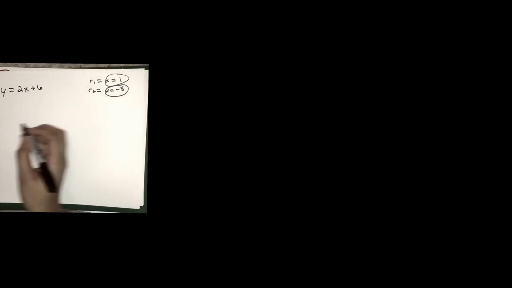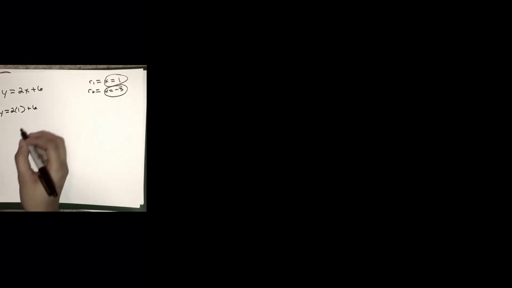And we already know that root 1 equals x equals 1, and root 2 is x equals negative 3. Now, to find the solution of the linear equation, you would put y equals 2x plus 6, but you would substitute the roots in for x both times. So we'll start with the root 1 first.